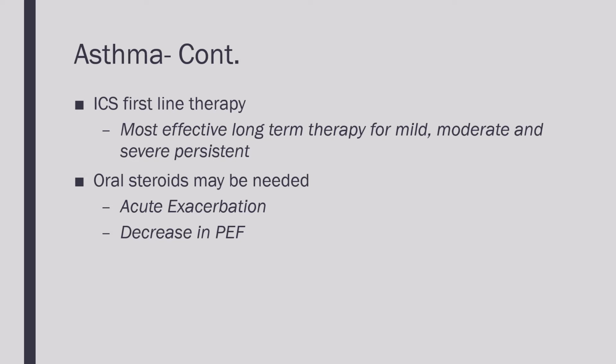So one of the things that you think about here with these asthmatic patients is inhaled corticosteroids being a first-line therapy. I know it sounds weird, but there's something that we can do here. They are most effective on long-term, let me circle this, long-term therapy for mild, moderate, severe, persistent.